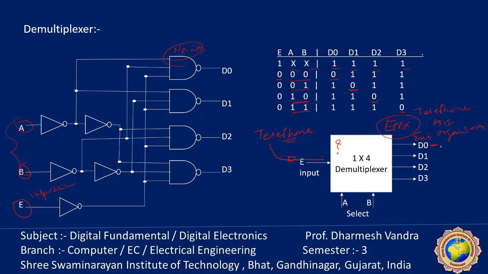Suppose D0 is the extension of the manager, D1 is the clerk, D2 is the cashier, and D3 is the local department.